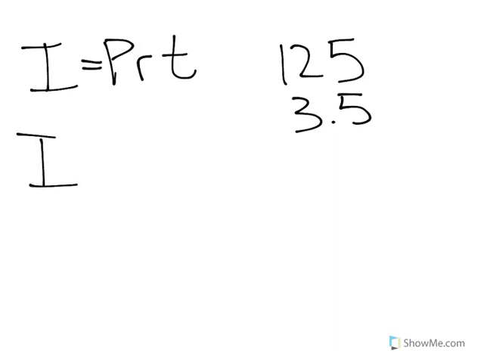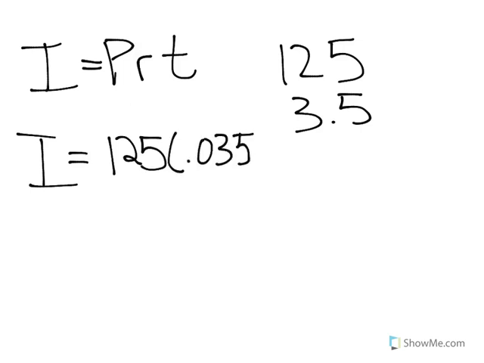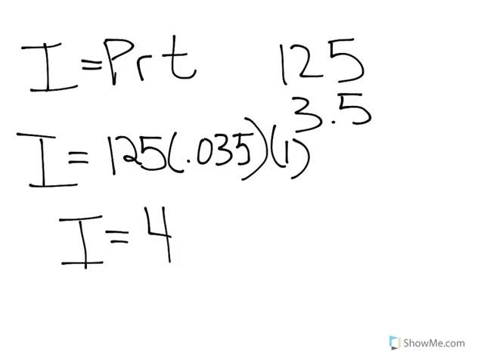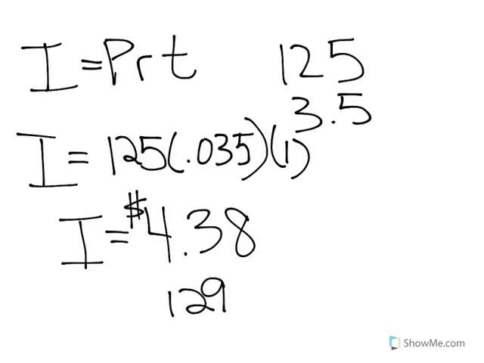The interest she would earn on the principal of $125 if they would pay her 3.5% interest for 1 year. So, interest she would earn after 1 year would be $4.38 if you rounded it up. So she would have $129.38.